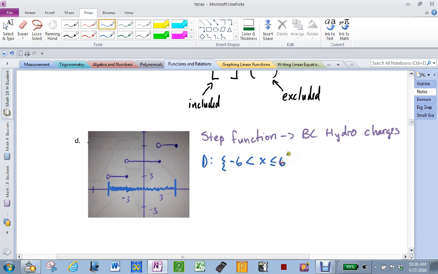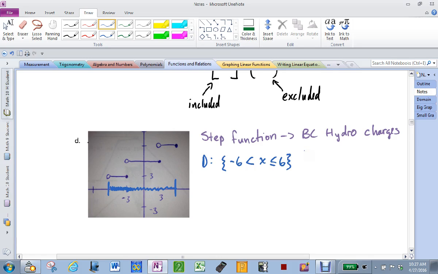Yes. Does everybody see why that's so? As soon as I hit negative 3, I jump up to here. At negative 3, I'm here. But at negative 3.000000001, I'm up here. It's an immediate switch. Now, in reality, can that happen? No, there has to be a value change, yeah? But in math, it can. Okay? So, there we go.